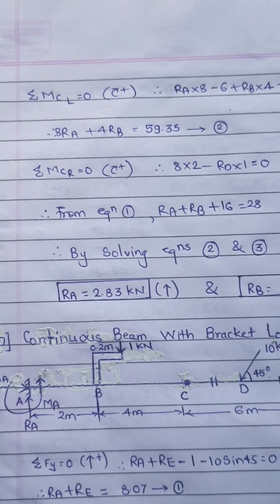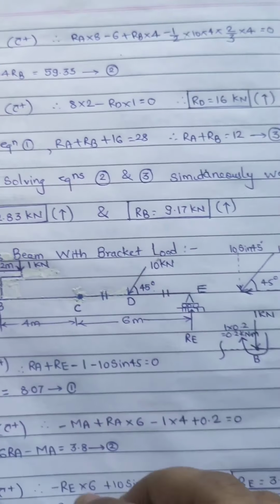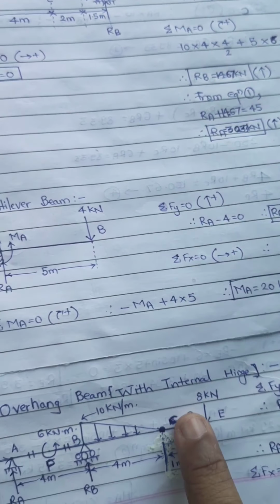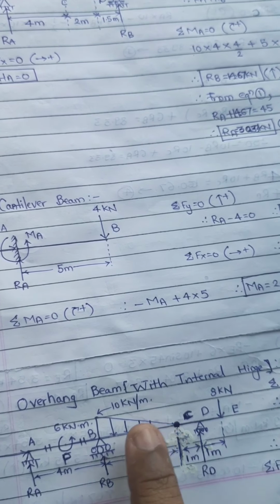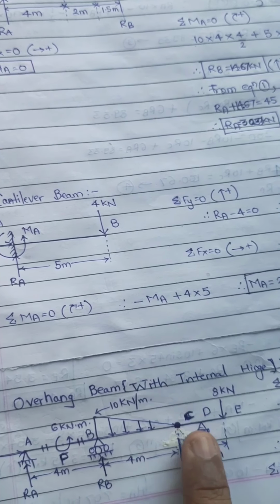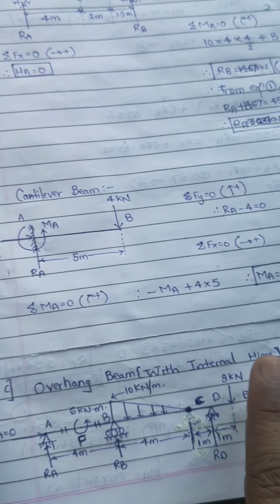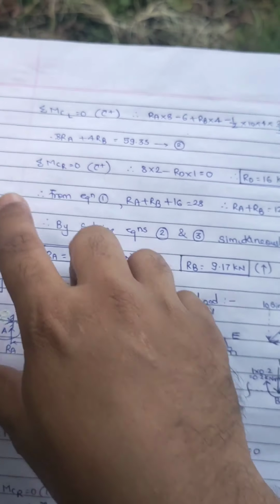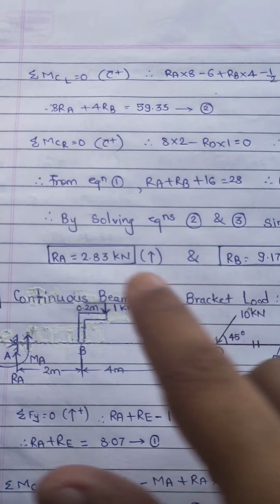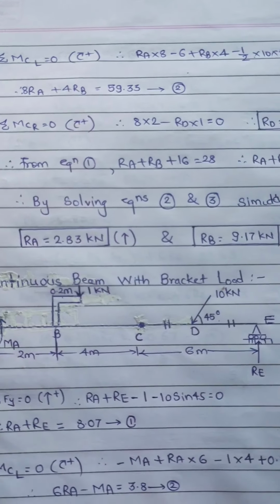now because C is an internal hinge, we have to take first the summation of moments at C, left part equal to 0, and then the summation of moments at C, right part equal to 0. So this is what I have: summation of moments at C, left part, equal to 0.